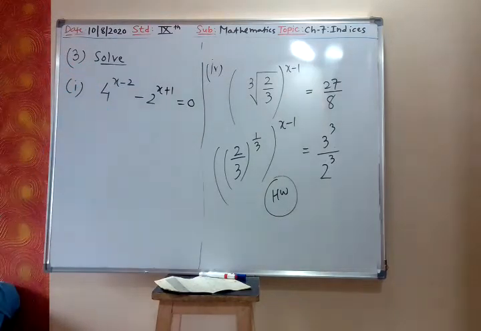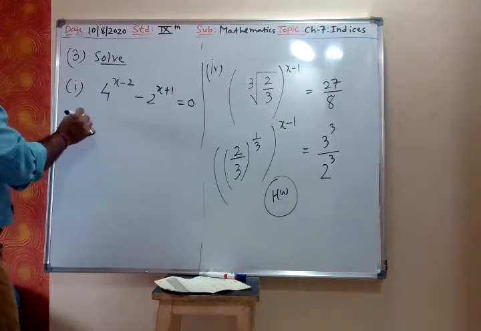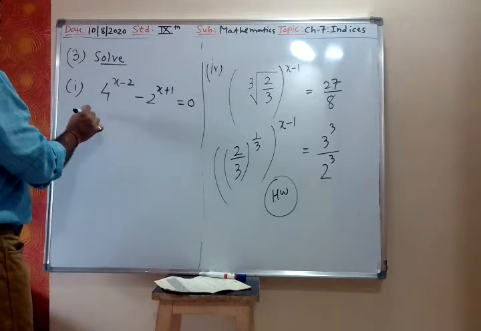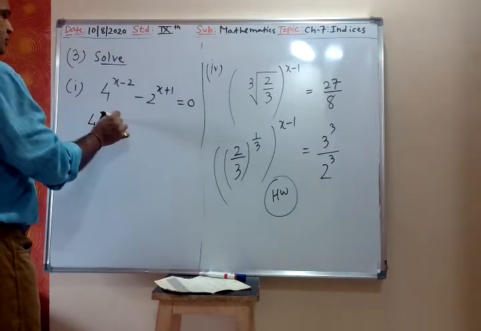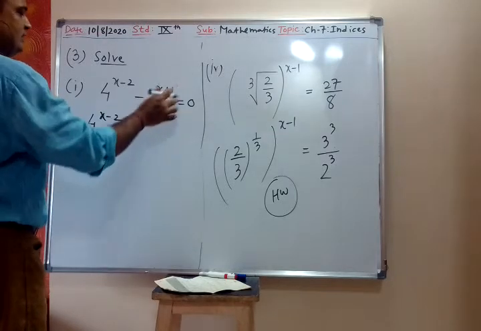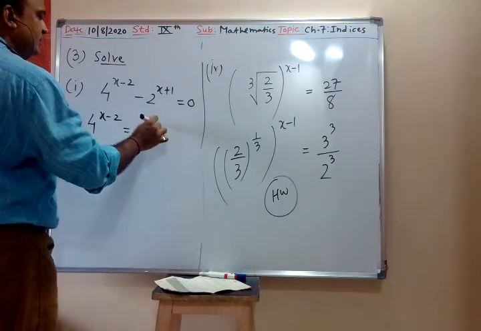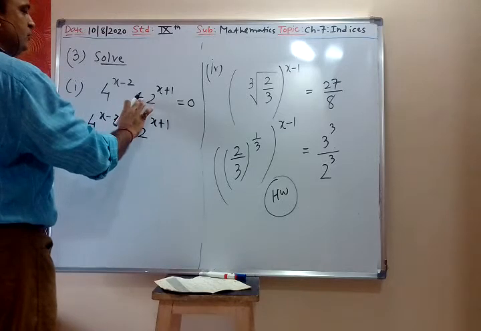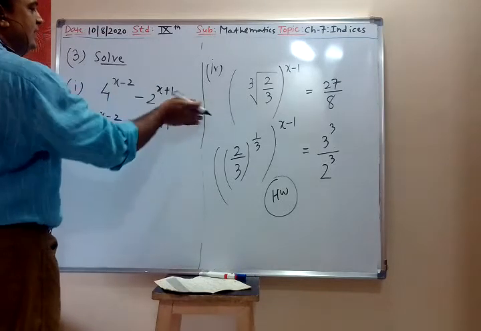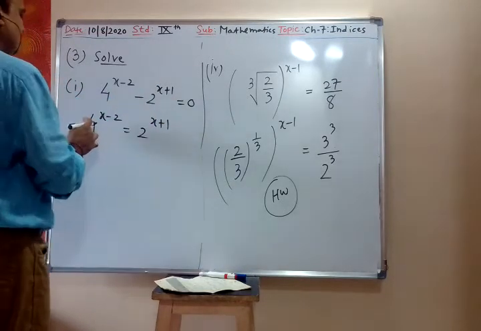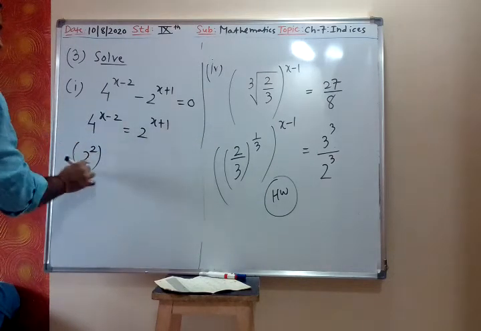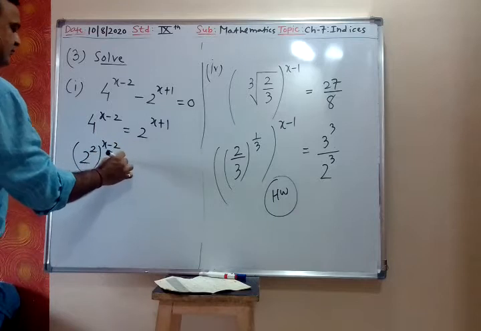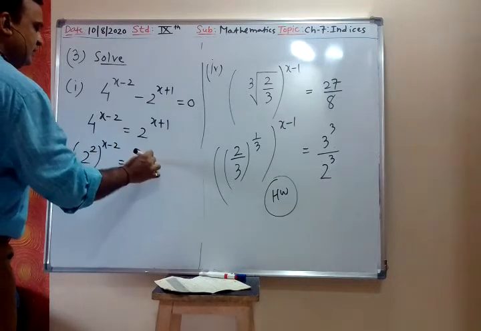So you will get 4 raised to x minus 2 equal to 2 raised to x plus 1, taking the minus term to the other side, it becomes plus. Now further, 4 I will write as 2 squared, so 2 squared raised to x minus 2 is equal to 2 raised to x plus 1.